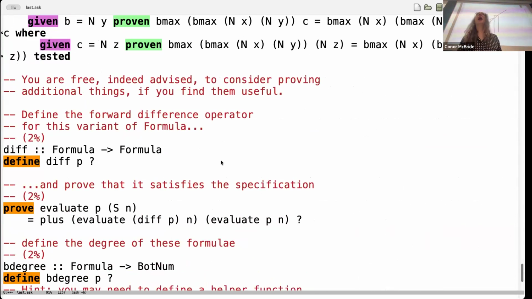So, the question asks for the forward difference operator. And again, those are words that we have used in lectures, and there have been a couple of different variations on the theme of formula where we have defined a forward difference operator.